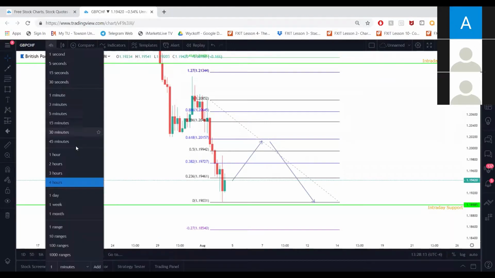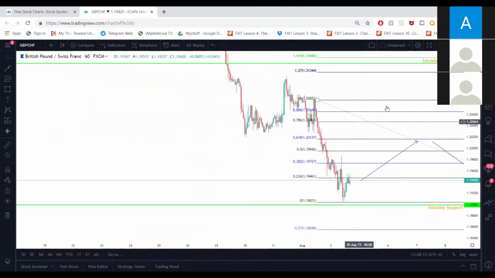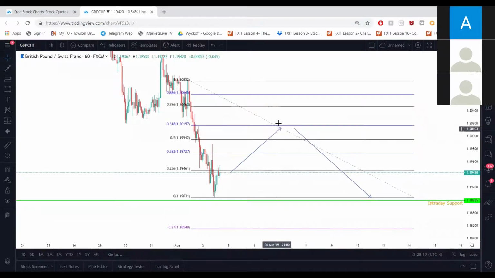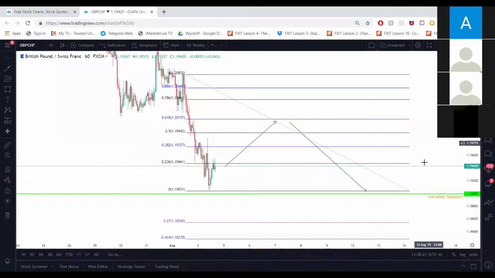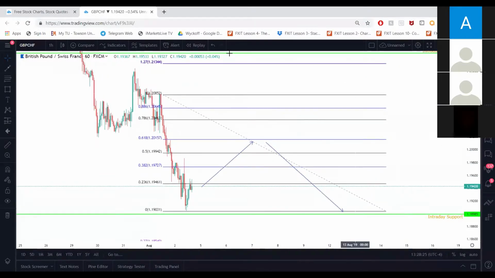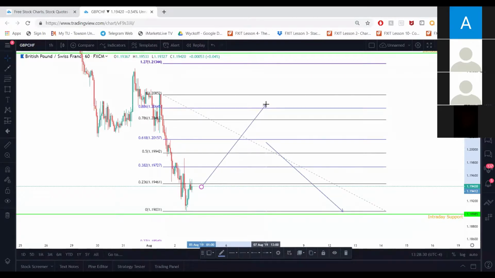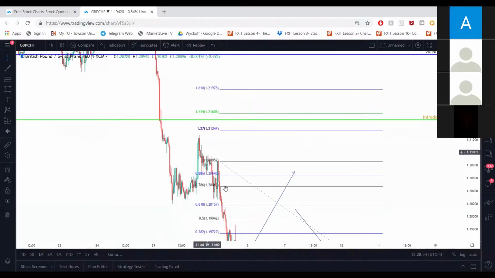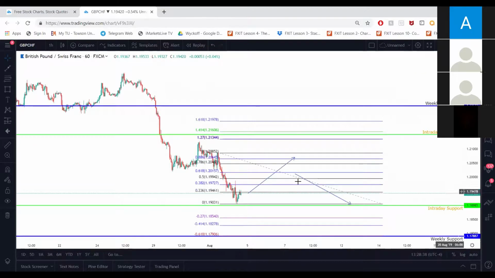And once that happens, let's say the price approaches this level, I'm gonna switch to 1 hour and look for rejection off of this 61.8. And that's when I would look to sell it further. However, if we get the stronger retrace and we get the closure below 88.6, then I'm gonna look to buy this, because it might be time to reverse and we might go to this weekly resistance.